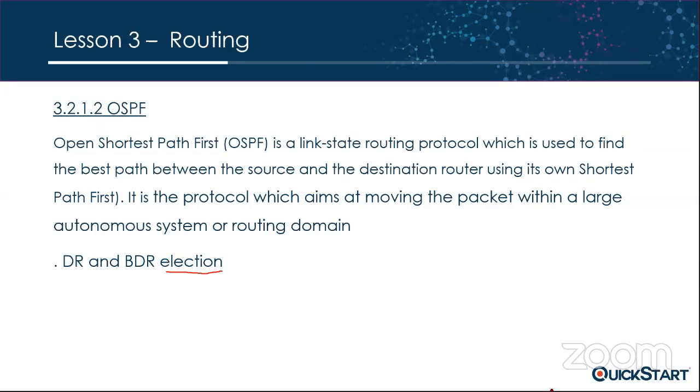What the DR does is, every router in that autonomous system sends the update to the DR, saying I have this information, you take this and send it to all. So that's what the DR is doing behind OSPF.